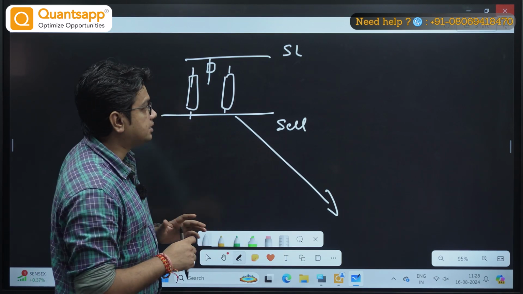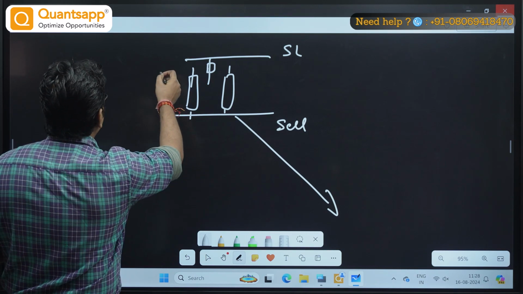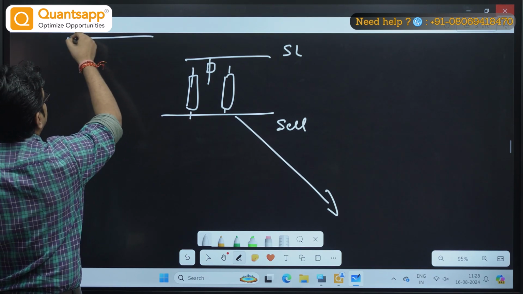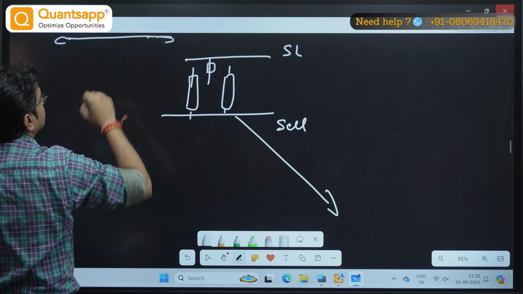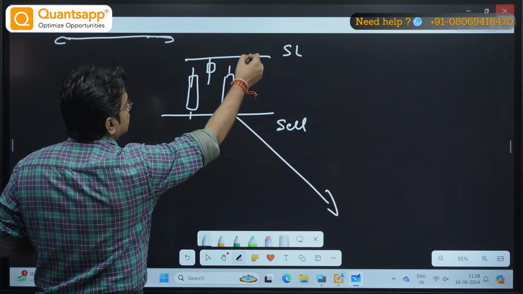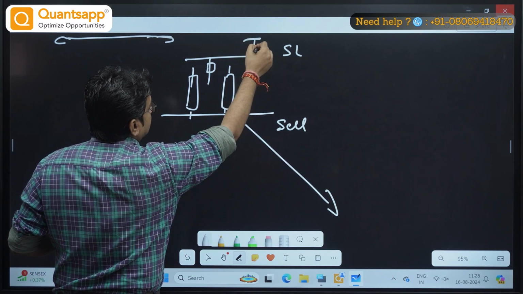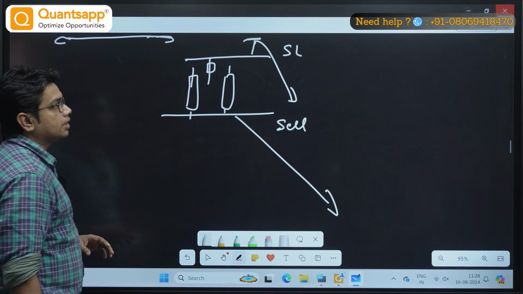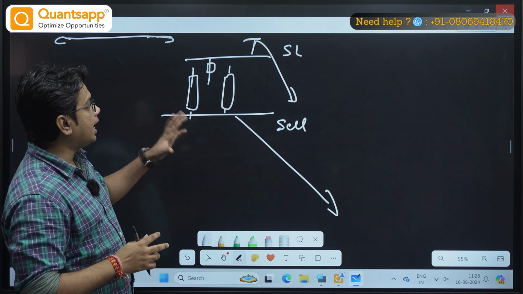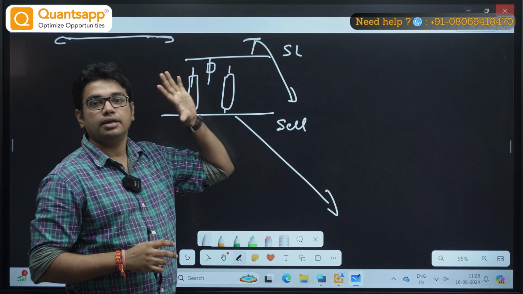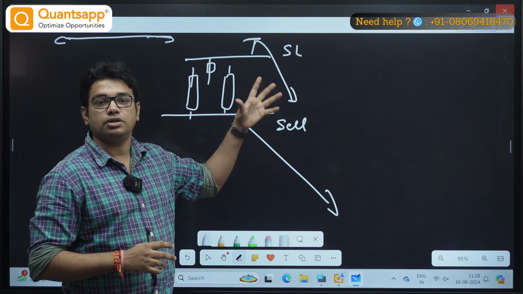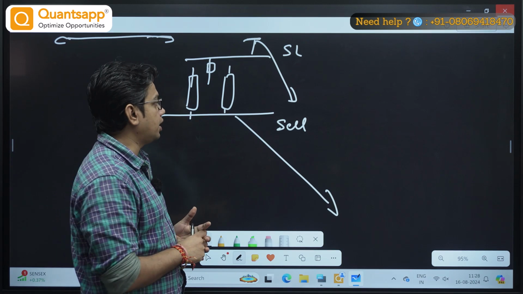But sometimes above this particular level there is some resistance over here, and sometimes price just respects that level and comes down again. In that case you should place the stop loss at the nearest resistance, not on the basis of the candlestick pattern.